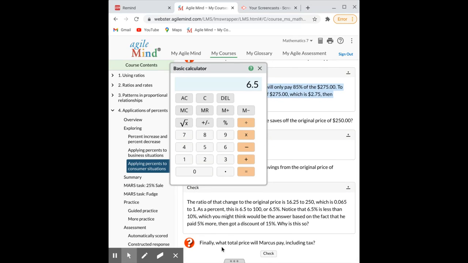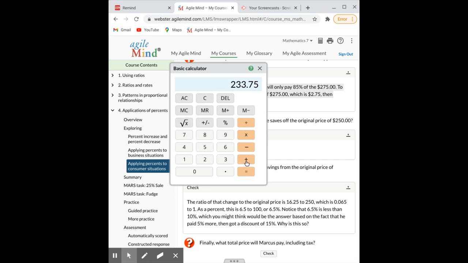And so it says, finally, what total price will Marcus pay, including tax? So remember that Marcus, so far, thinks he's getting this bike for $233.75. However, we know that Marcus has to pay 8% in sales tax. So if he's paying 8% in sales tax, what do I need to do? Do I subtract 8% or do I add 8%?